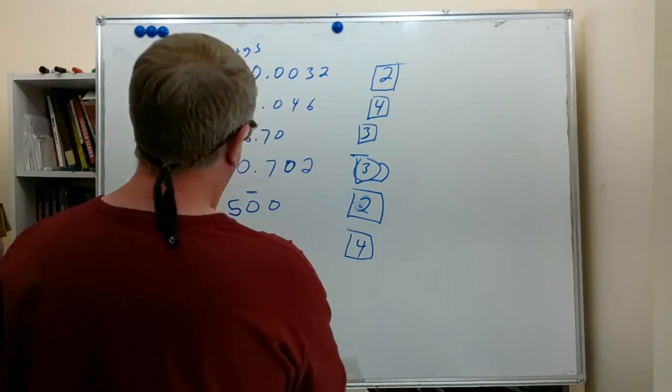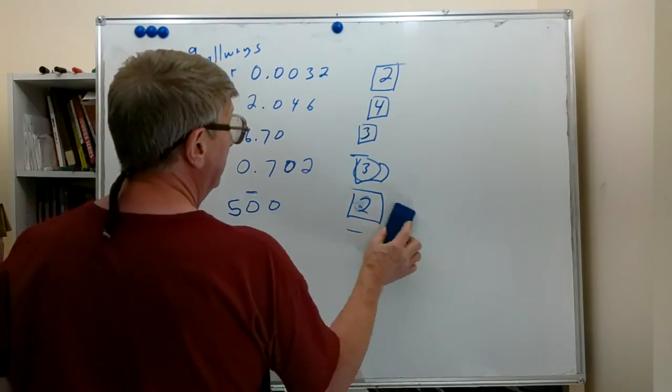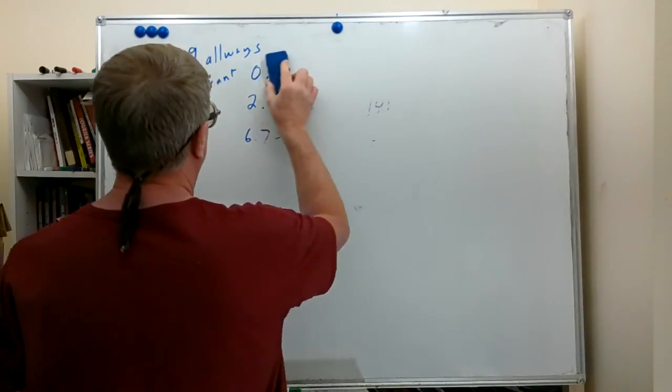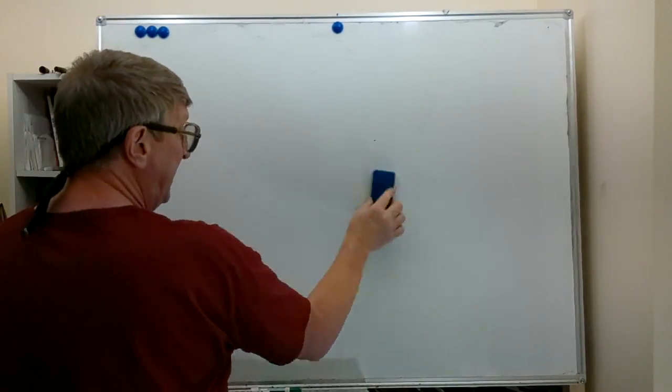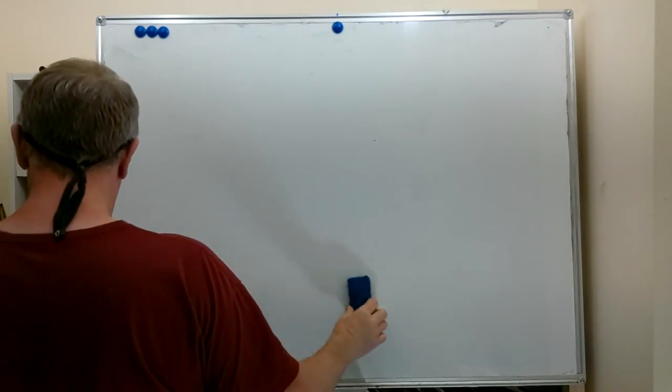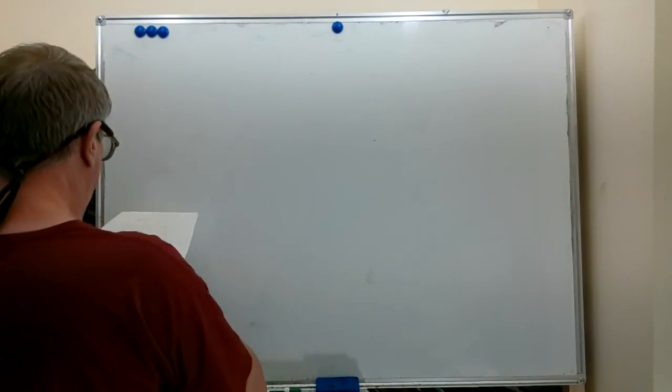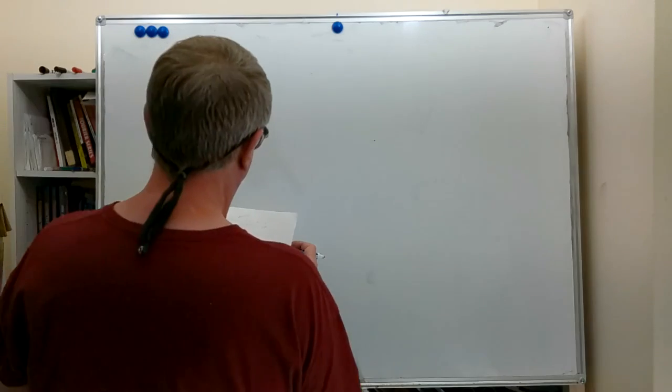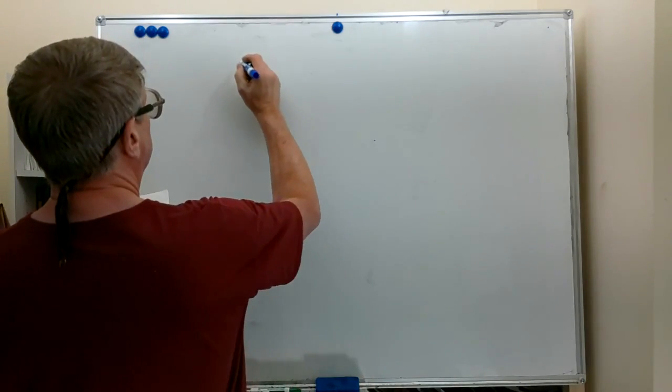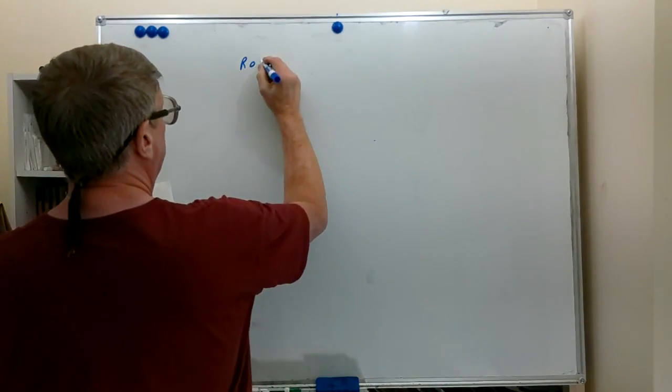Okay, we're going to talk about rounding decimals, the numbers that have a portion to the right of the decimal point. Rounding decimals.